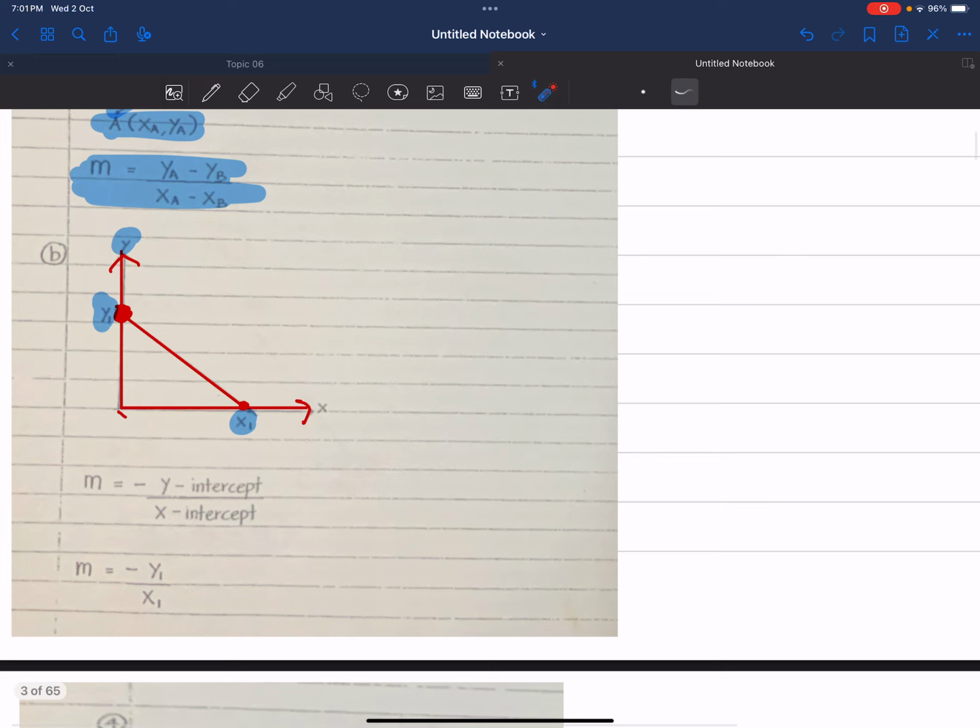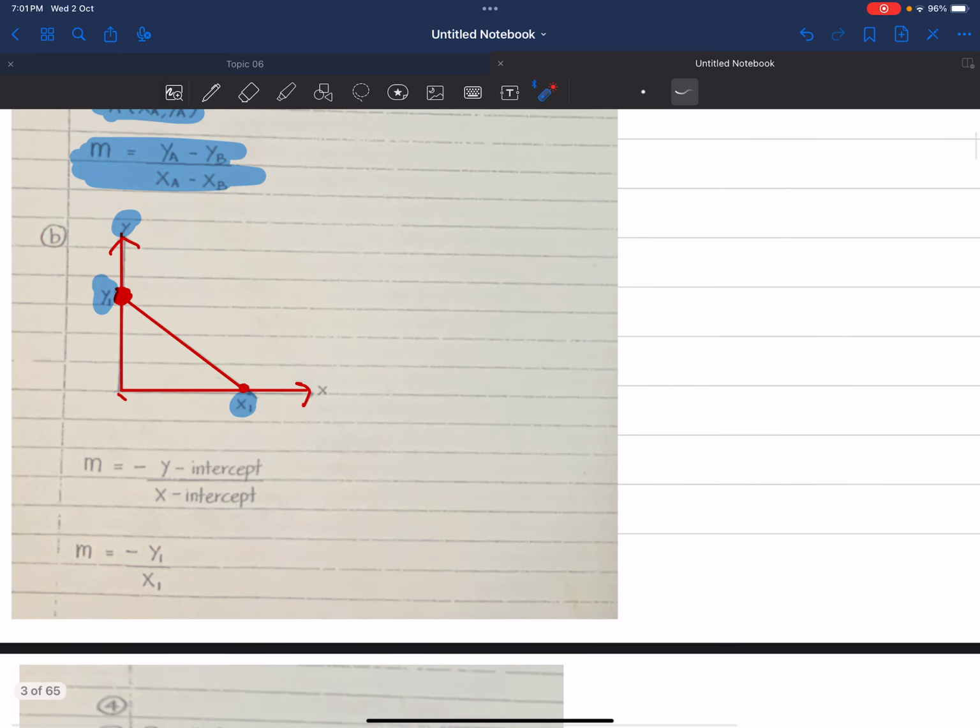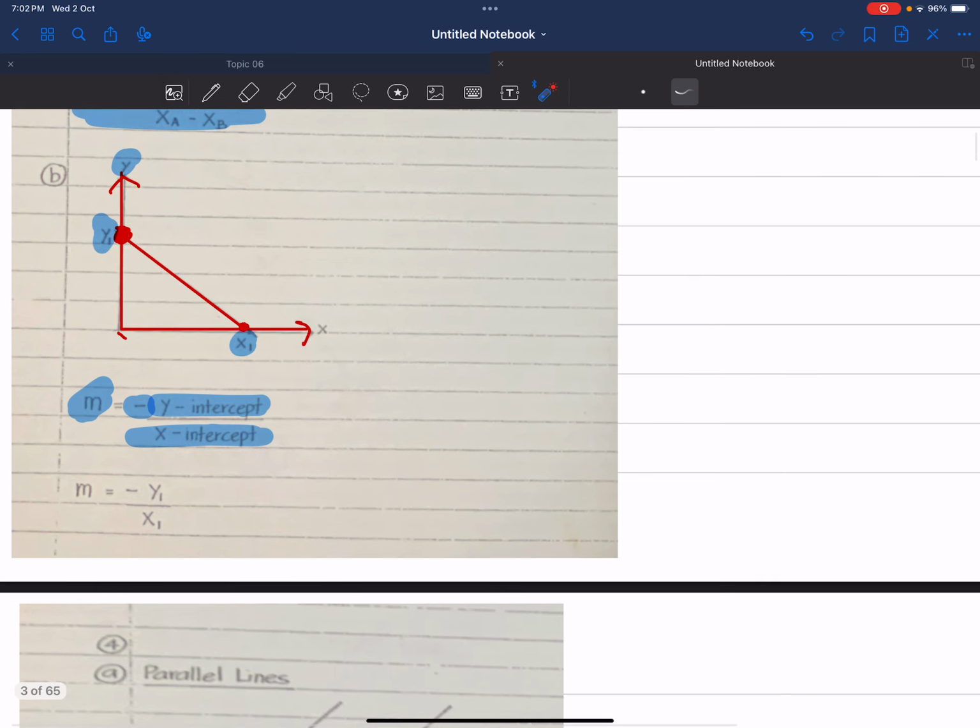The formula for gradient, don't forget the negative, is negative y-intercept divided by x-intercept. So if you look at the diagram, the y-intercept is y1 and the x-intercept is x1, so the gradient M is negative y1 over x1.